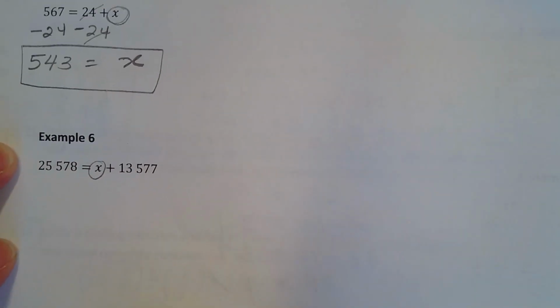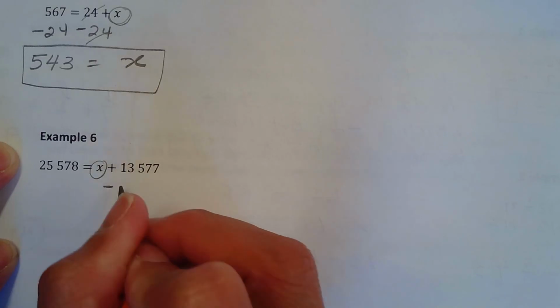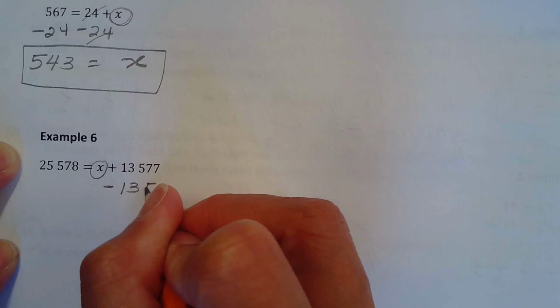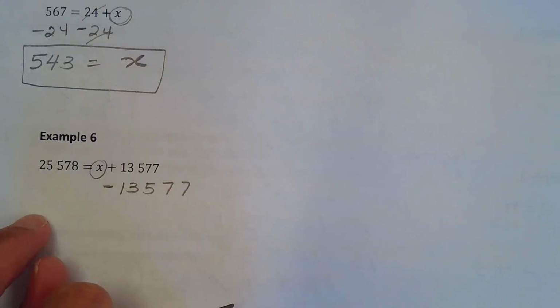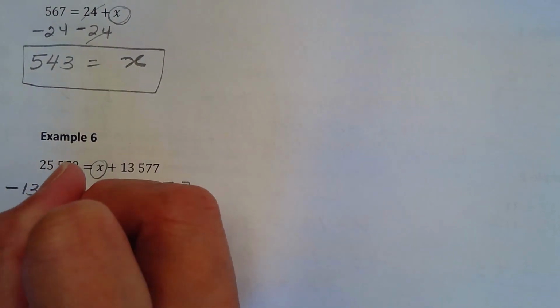So can you go to the first one? Negative 13,577. Okay. Subtract 13,577. If I do it on this side, I got to do it on the other side, so negative 13,577.